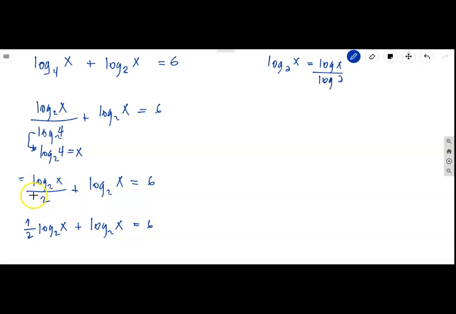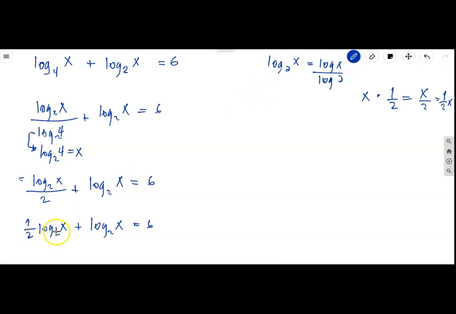This is also the same as multiplying x times 1 over 2, which equals x over 2, or also 1 over 2 x. That is the reason why log x base 2 over 2 equals 1/2 log x base 2.